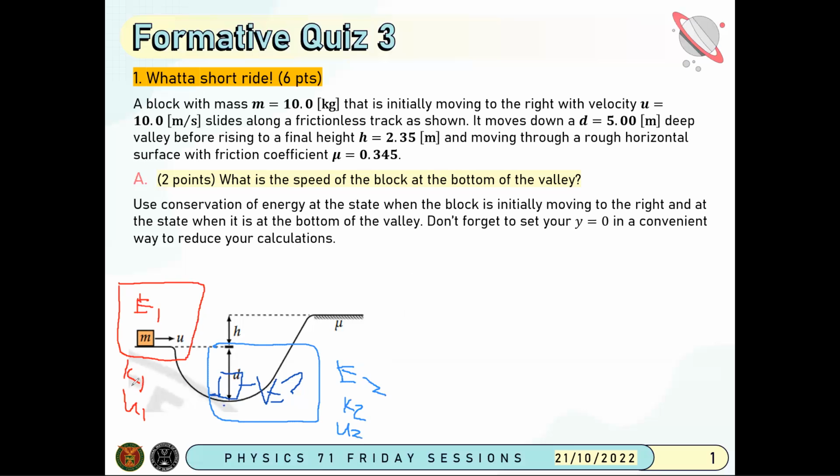Again, K is kinetic, so the total kinetic energy, whatever gives kinetic energy to the object. And U is the total potential energy. So everything that gives potential energy, may it be elastic or gravitational, you need to take into account. You need to state whether it is gravitational potential energy, GPE, or elastic potential energy.